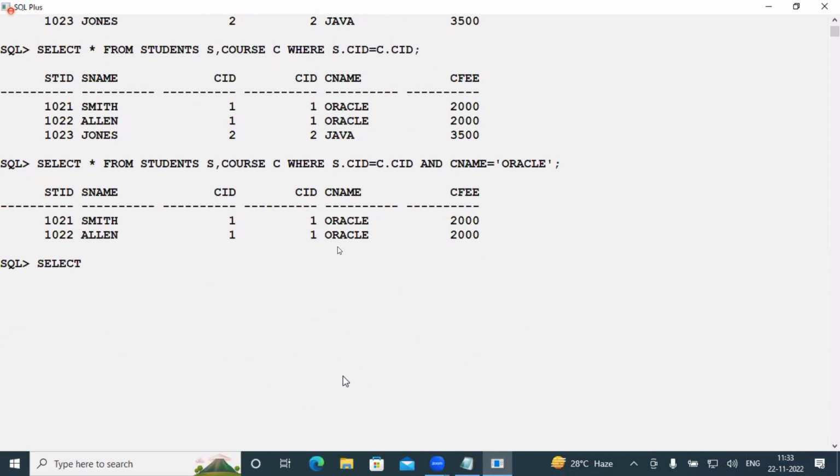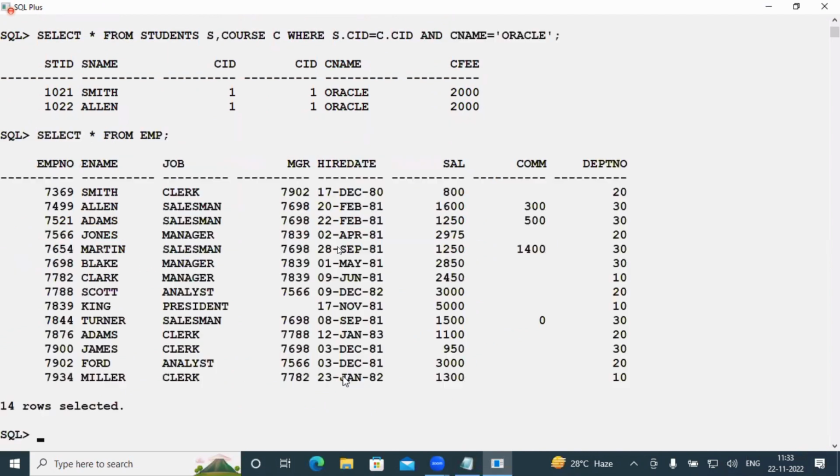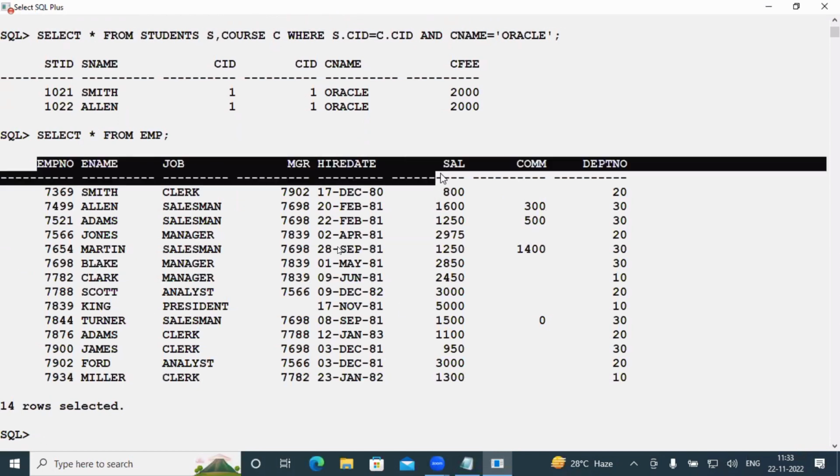First, come to select star from the EMP table. You can see, in the EMP table, can you find out if there are any departments here? Do you have any departments here?